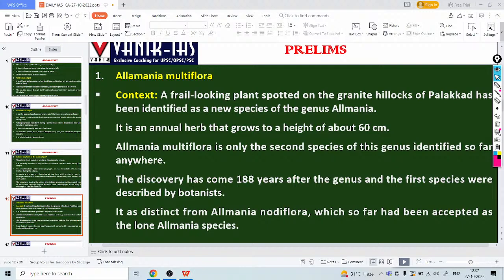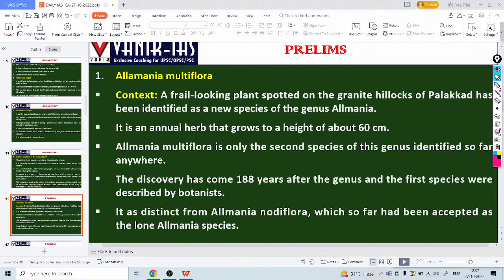Almania multiflora is only the second species of this genus identified so far anywhere. The discovery has come 188 years after the genus and the first species were discovered by botanists. It is distinct from Almania nodiflora, which so far has been accepted as the lone Almania species.